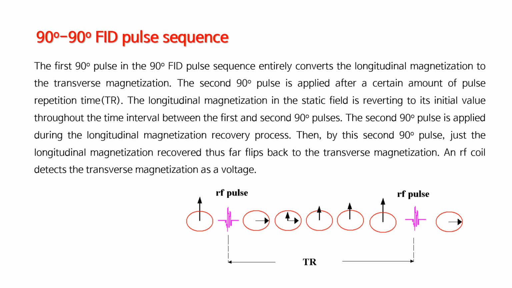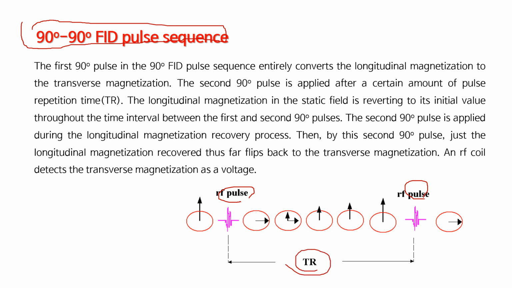Let's first see the 90-degree FID pulse sequence. It consists of two 90-degree pulses. The repetition time between two pulses is TR. The first 90-degree pulse in this pulse sequence entirely converts the longitudinal magnetisation to the transverse magnetisation.